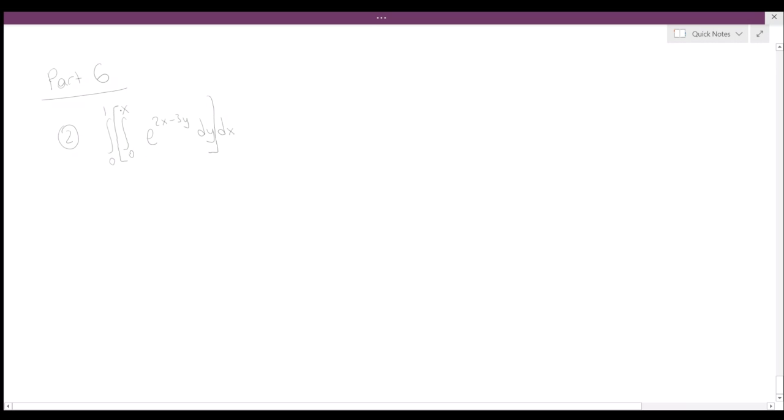So you start with whatever was inside first. So let's just focus on this integral right now, 0 to x of e to the 2x minus 3y dy. Since we're integrating with respect to y, we're going to treat x as if it were a constant over here, okay?